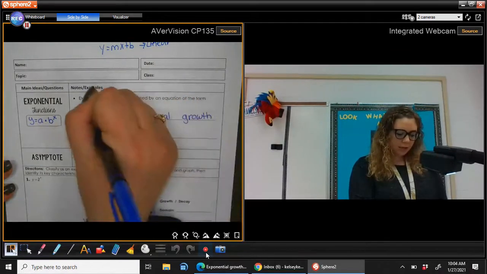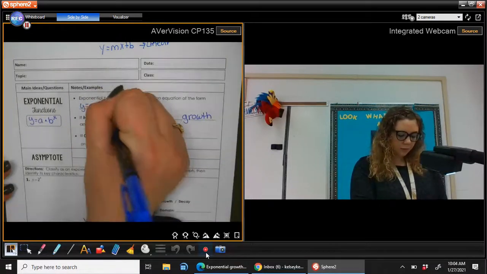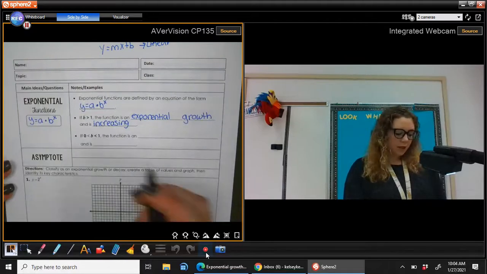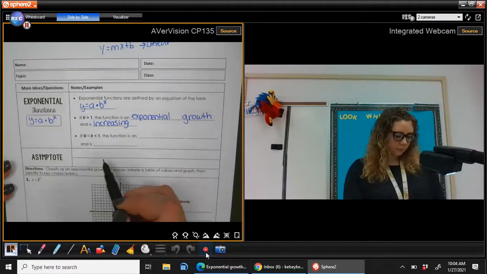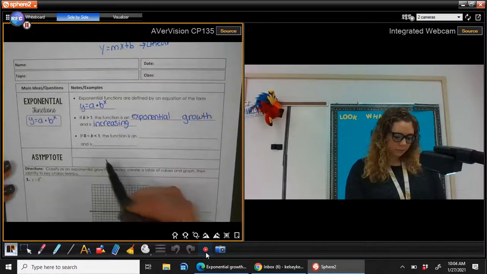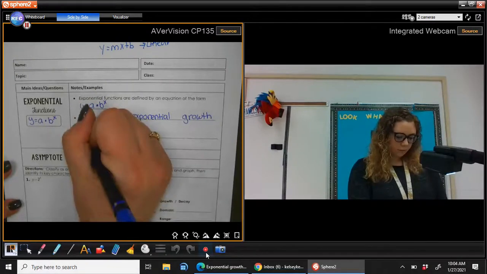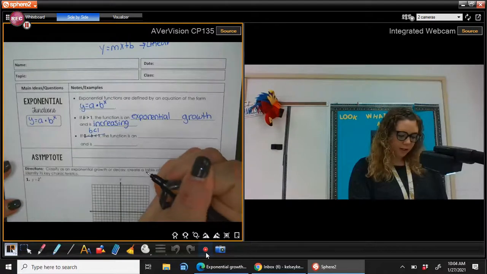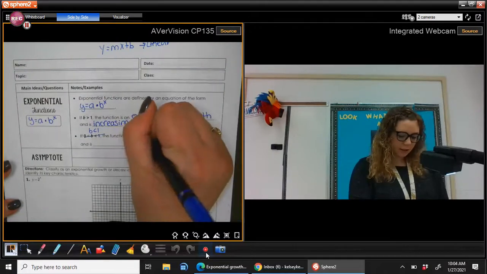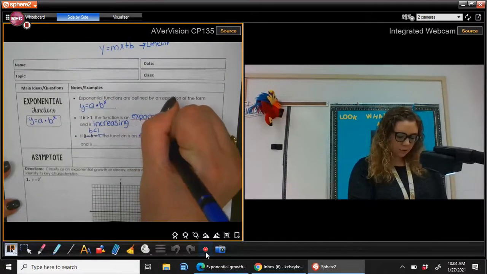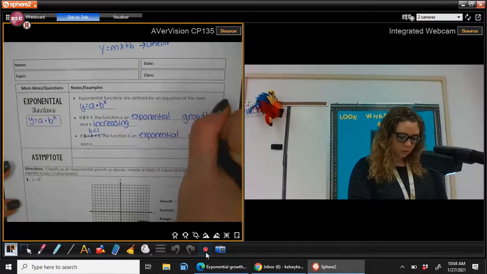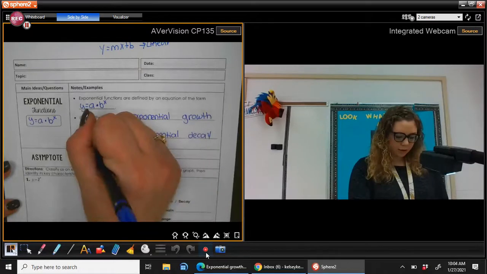And is increasing. If b is less than 1, the function is an exponential decay, and is decreasing.